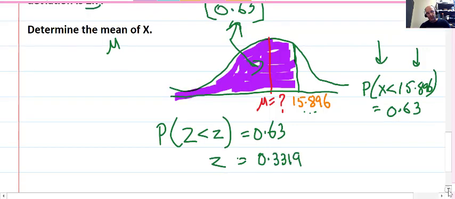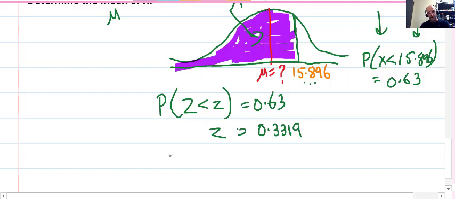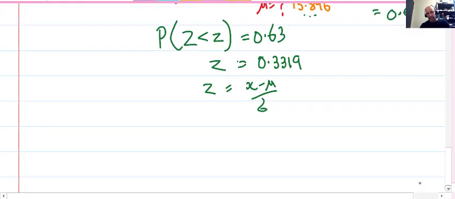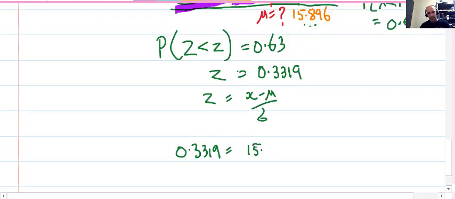0.3319. And using our formula again, remember it was z equals x minus mu over sigma, so 0.3319 equals 15.896 minus mu, over sigma.